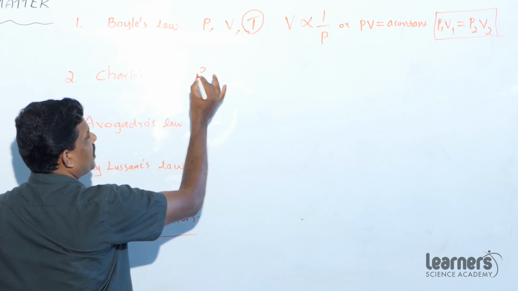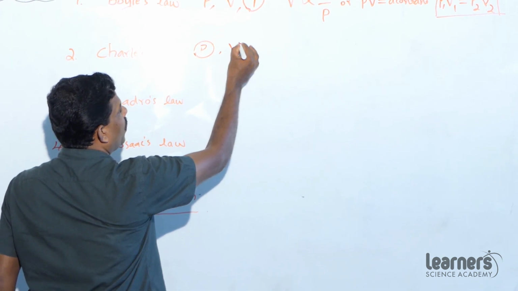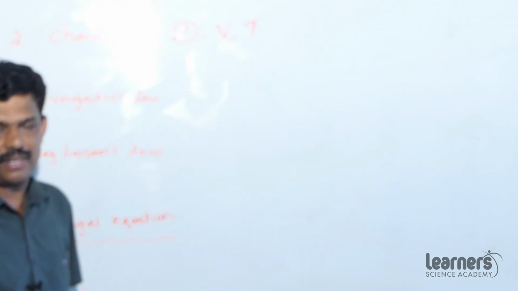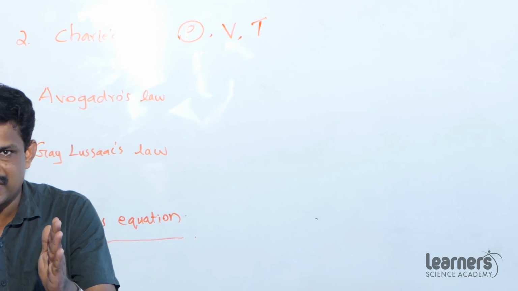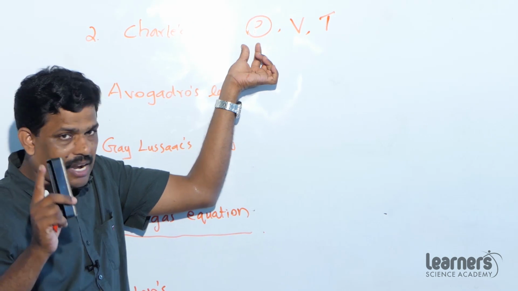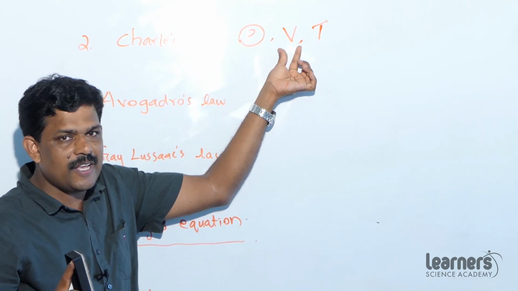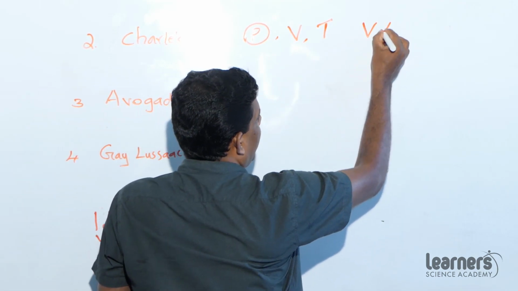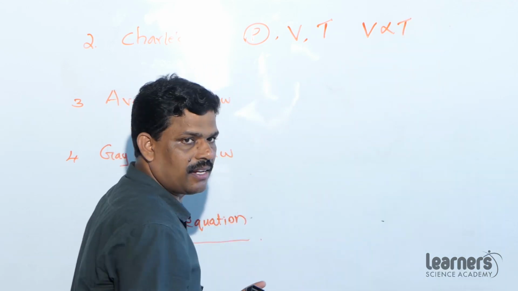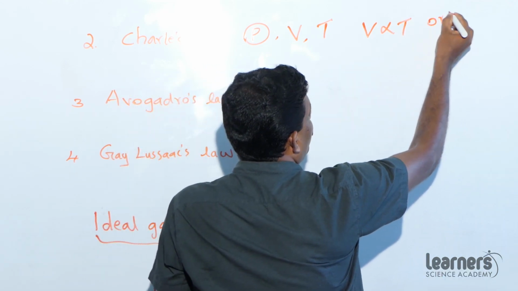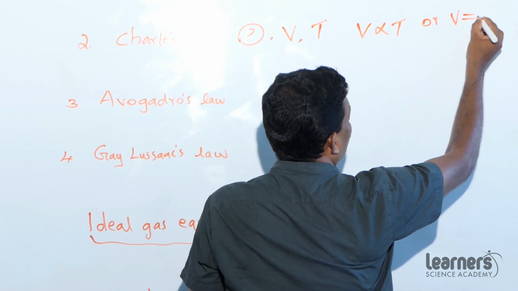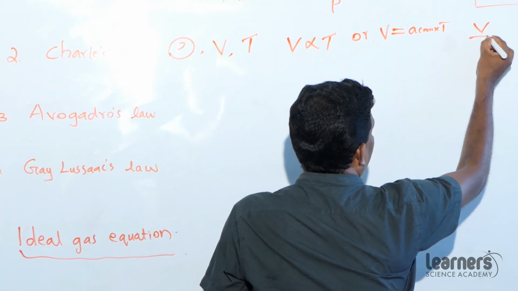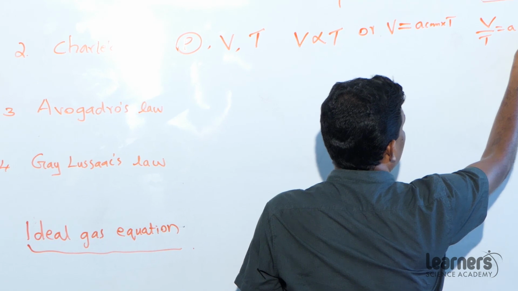Charles said that when pressure remains constant, the volume of a gas is directly proportional to temperature. That is, for a given mass of a gas, when pressure remains constant, volume is directly proportional to temperature, or we can say V proportional to T, or V is equal to a constant into T. Thus, V by T is equal to a constant.